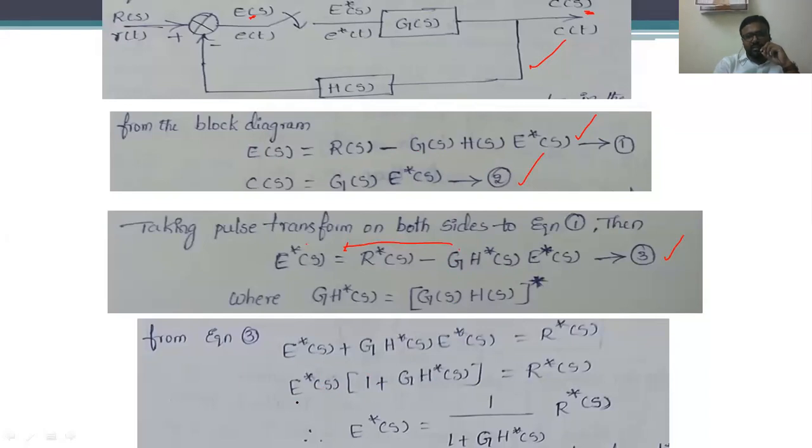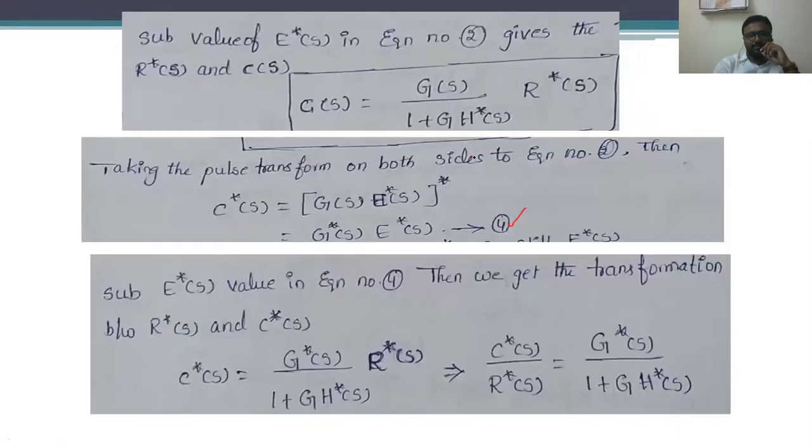That means E star of S is going to be taken as the ratio of 1 divided by 1 plus G into H star of S into R star. So just substitute this value of E star of S in this one. We are going to get C of S is equal to G of S divided by 1 plus G into H star of S into R star.